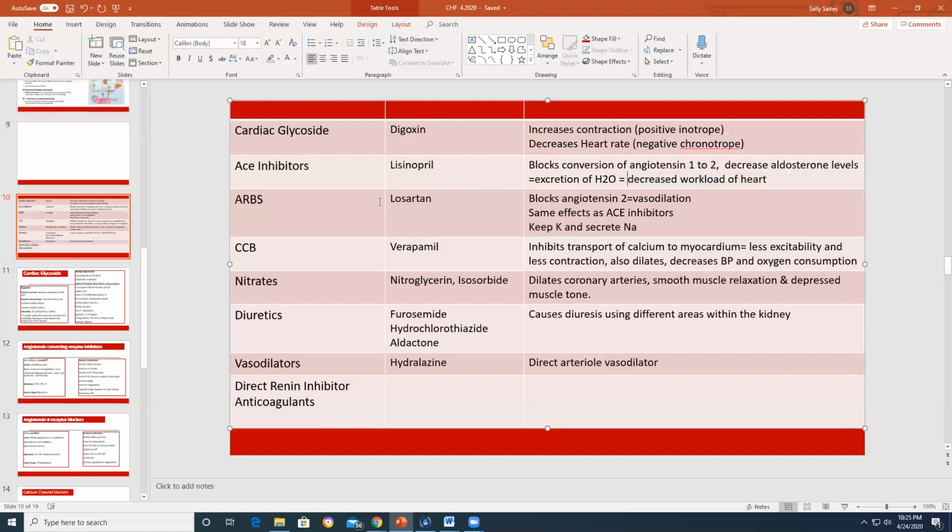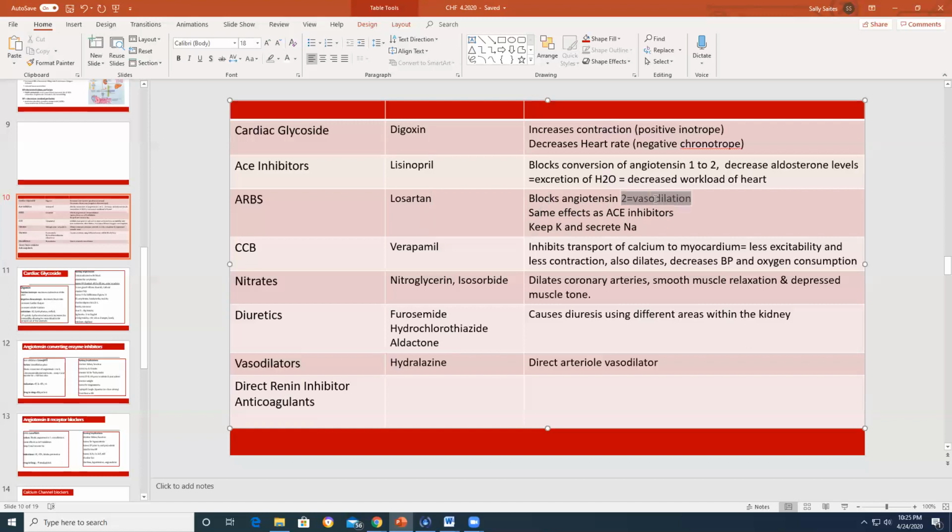Okay. Our ARBs, like losartan, these are typically used if the patient cannot take the ACE inhibitors. ACE inhibitors have a few very distinct side effects that we'll get into, and so if a patient can't use the ACE inhibitors, then the second go-to is the ARBs. So what this does is it blocks angiotensin 2 again, which causes vasodilation, and then it basically has the same effects as the ACE inhibitors.